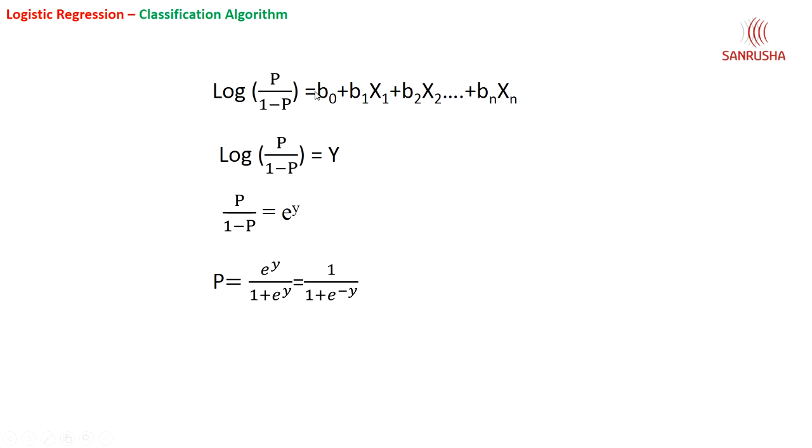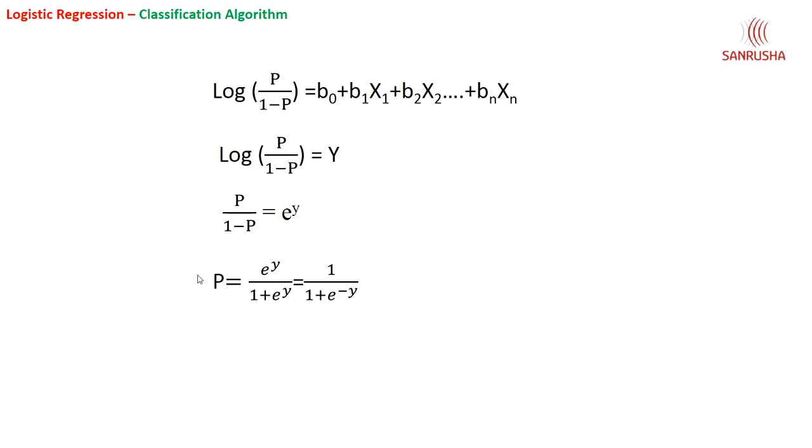So now this is the very interesting part. Why did I do all this? Because in this formula, no matter which value of y I put, I will always get a probability value, and a probability value will always be between 0 and 1. So that means I can still get the outcome as a continuous number, which will be my y, but the moment I put that y in this equation, I will get the probability value, which will be between 0 and 1.